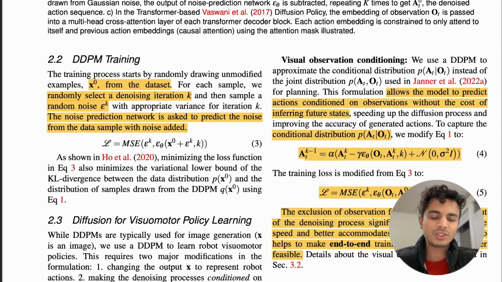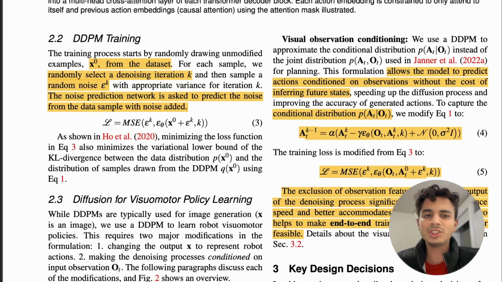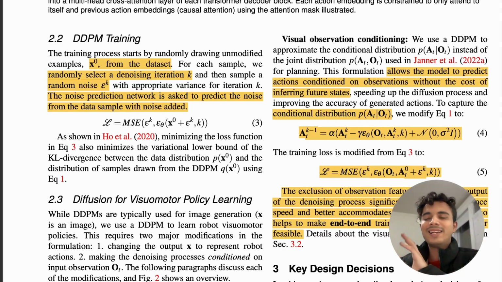Visual observation conditioning is also important. What it means is it allows the model to predict actions conditioned on observations without the cost of inferring future states. So in diffusion, what we do is we try to have a noisy image and then try to generate a less and less noisy image out of some Gaussian noise.